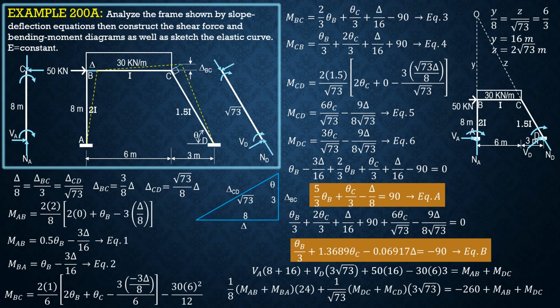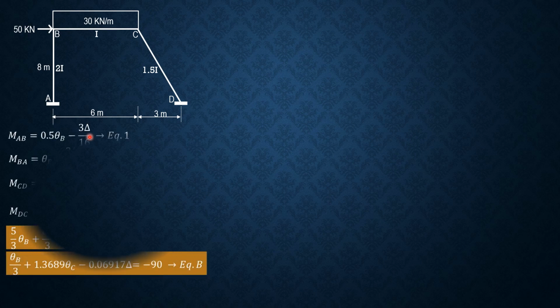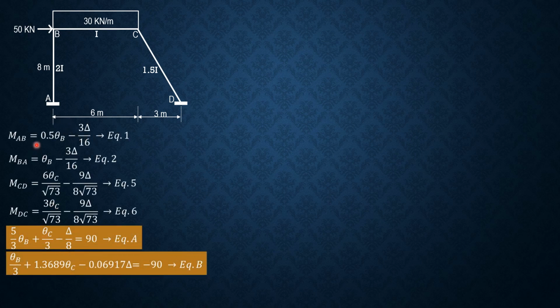We ran out of space here. So from the results earlier, these are the moments A, B, B, A, C, D, DC, and these were the established equations, two equations. Let's have the equation we established in the last part of the preceding slide.